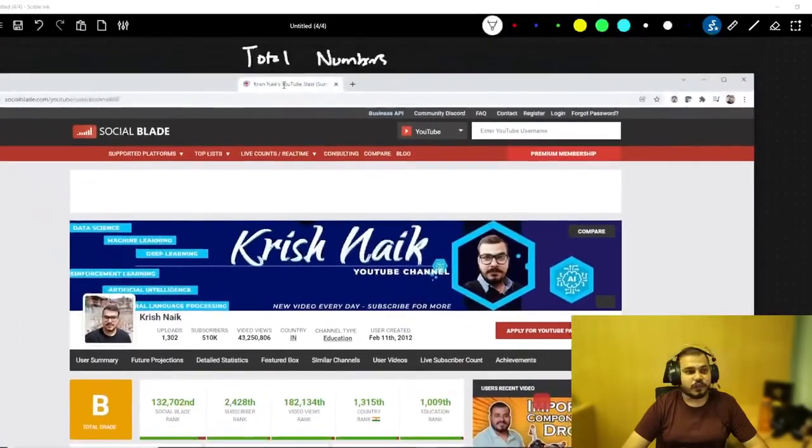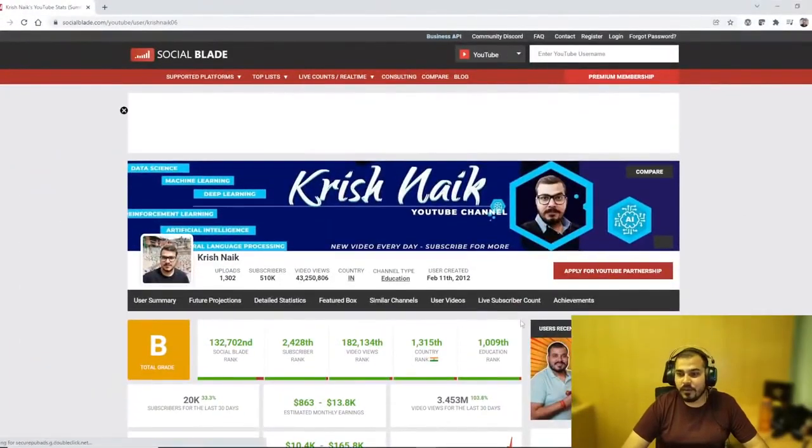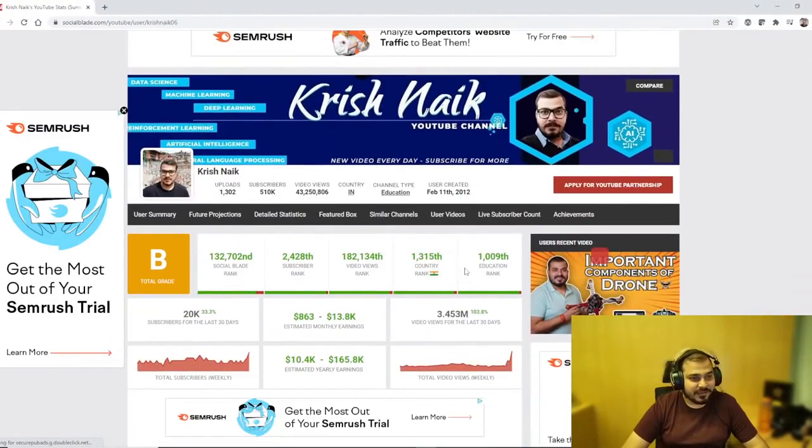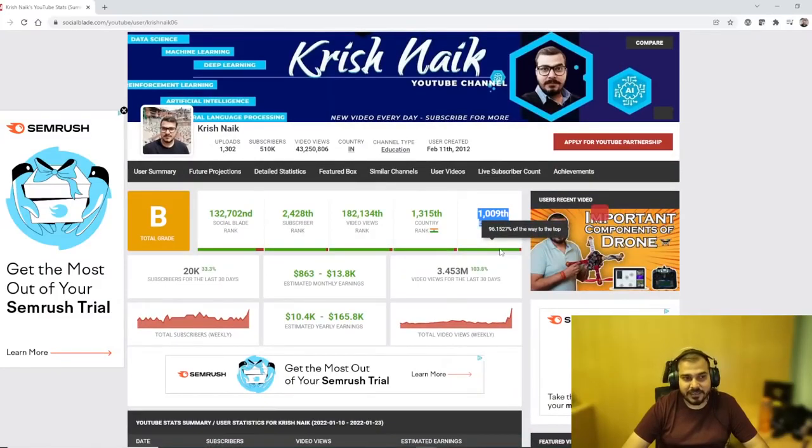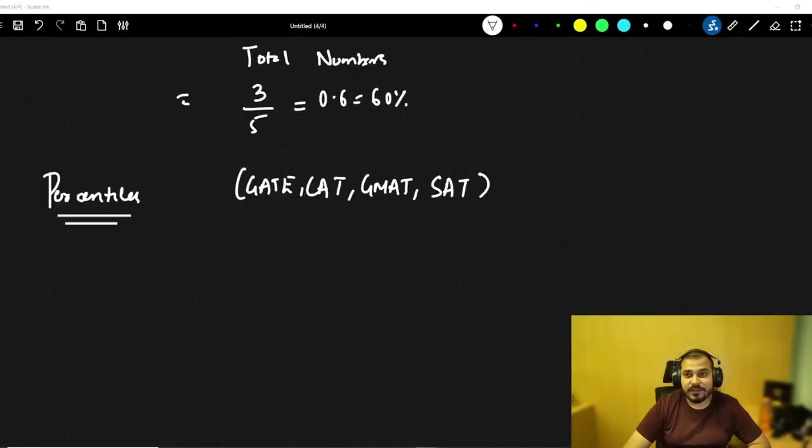Here you can see education rank. If you hover over here, it shows 96.1527 percentile. Here it shows 94.98 percentile. Over here it shows 94.958 percentile. We'll try to discuss these percentiles right now, and you'll be able to understand in an amazing way.